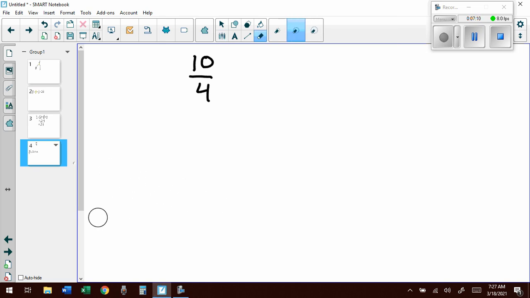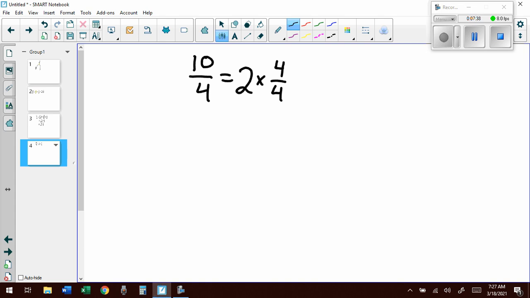So now we should count by fourths. 4/4, 8/4, 12/4. Went too far. We only have 10. So 4/4, 8/4. So counting by fourths, we have 4/4 2 times here. Group that up.